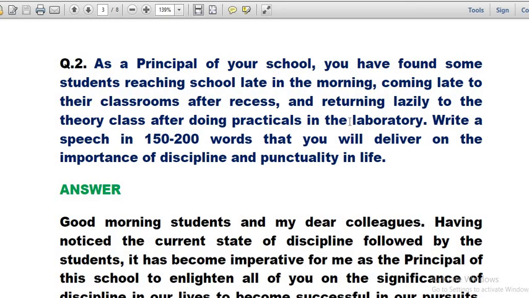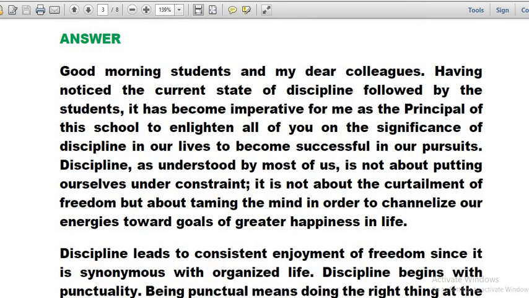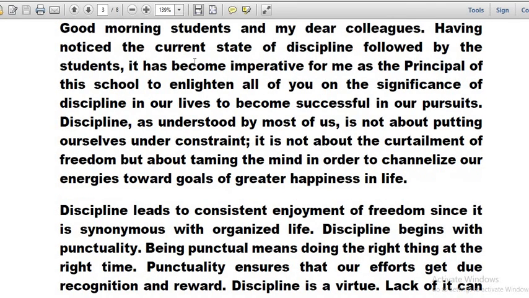So how will you proceed, or rather how will you start? Good morning students and my dear colleagues. You are the principal, so you will be writing it in this way. Having noticed the current state of discipline followed by the students, it has become imperative for me as the principal of this school to enlighten. Enlighten means to make others knowledgeable, to inform others.